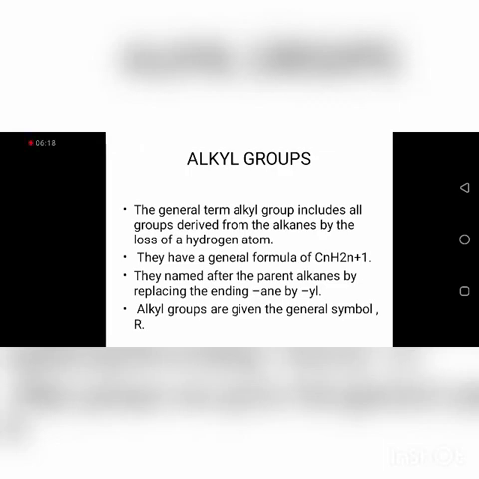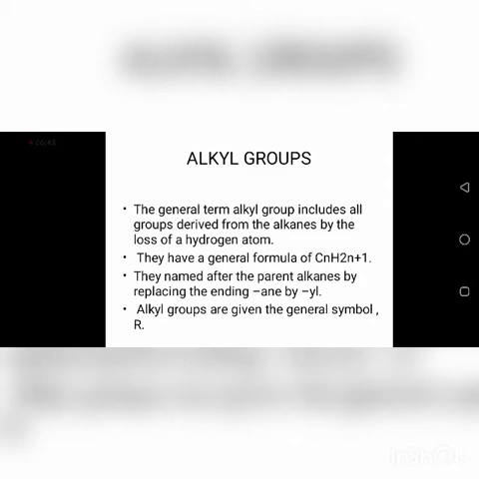We then look at a particular group that is also very important before we come properly to alkane. These are alkyl groups. What are alkyl groups? Alkyl groups include all groups derived from an alkane by the loss of a hydrogen atom.